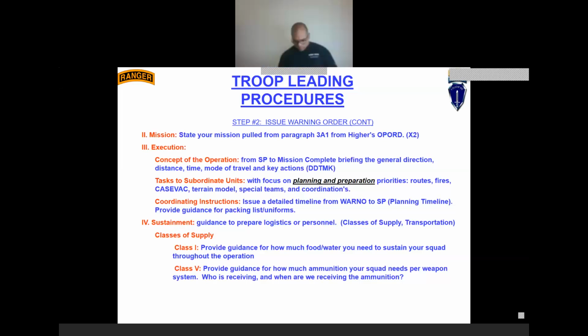Tasks to supporting units focus on planning and preparation: prior to route, fires, CASEVAC, terrain model, emphasis, TLPs, and coordination. So this is you telling first squad, your security, you're in the lead. I want you to come up with the routes and build a terrain model. I want every squad to identify an EPW team and first aid leader team.